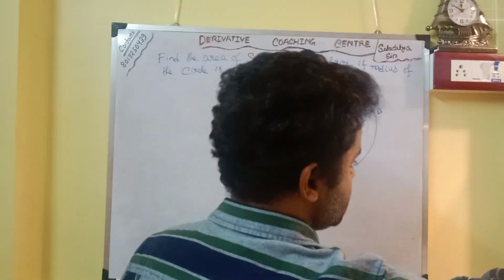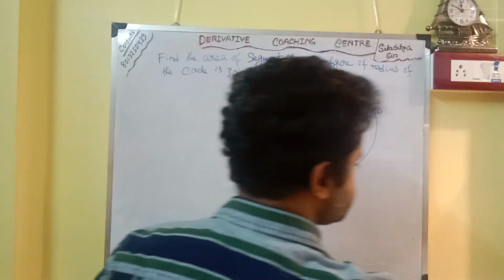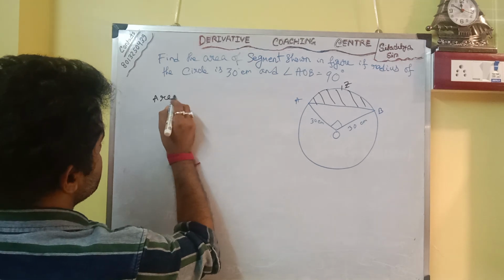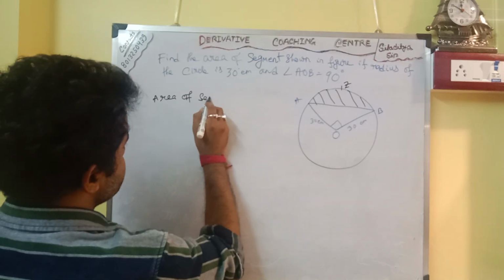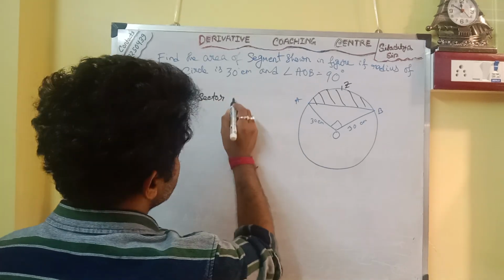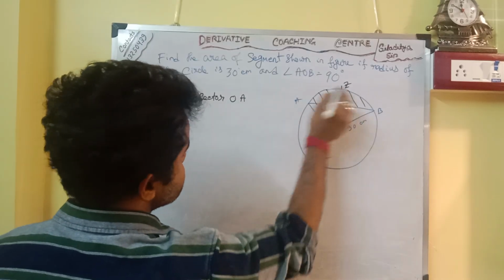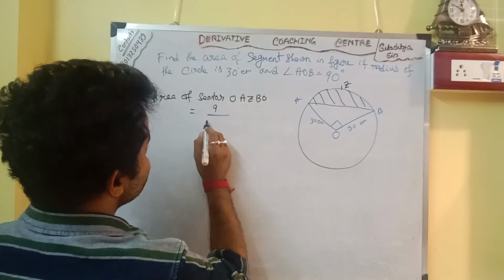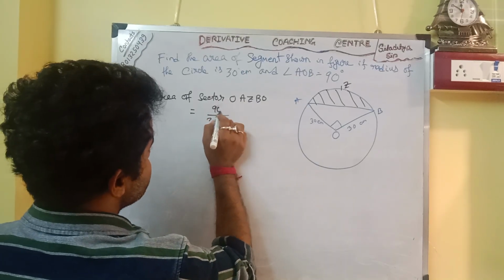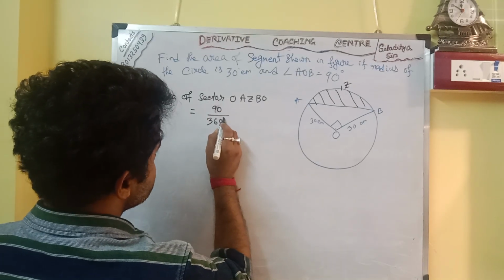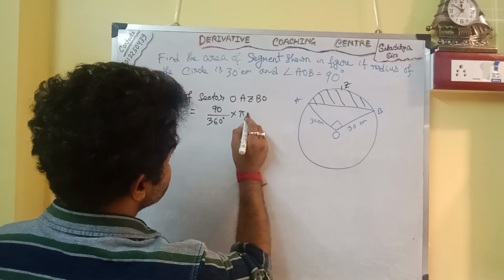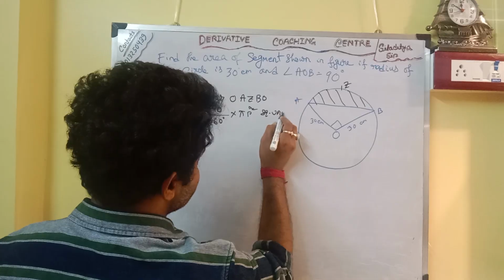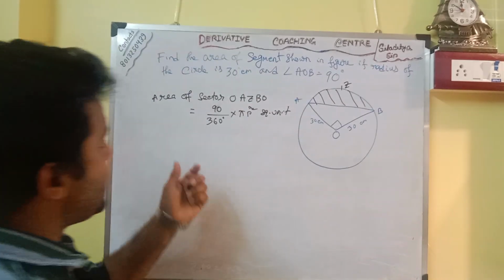The formula is theta by 360 degree into pi r square, in square units. That is the formula to find the area of the sector.